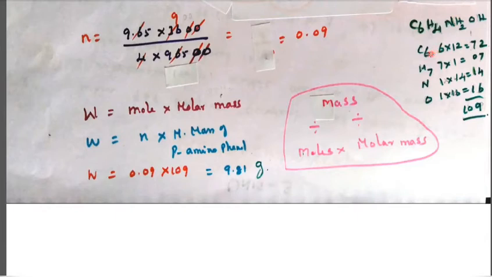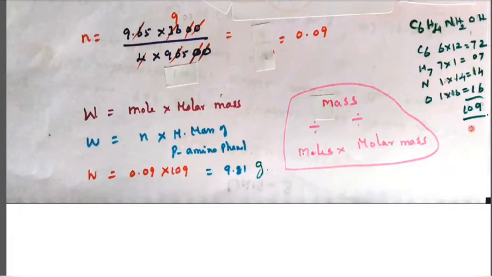C6H4NH2OH: 6 carbon, 6 into 12, each carbon atomic weight is 12, so 72. Hydrogen 7, atomic weight 1, so 7. Nitrogen 1, atomic weight 14, and oxygen 1, atomic weight 16. Adding all this gives 109. In C6H4NH2OH, 4 hydrogen, 2 hydrogen and 1 hydrogen, totally 7 hydrogen, 6 carbon, 1 nitrogen, 1 oxygen.